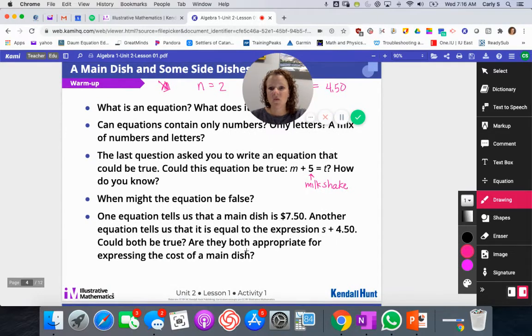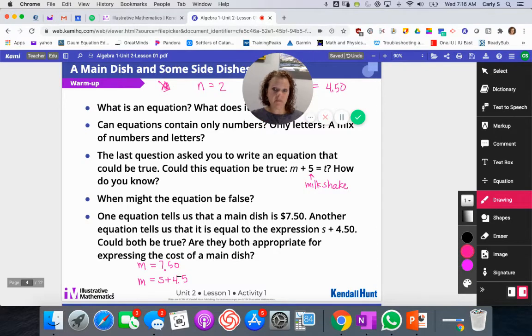All right, so one equation tells us that a main dish is $7.50. Another equation tells us that it's equal to the expression S plus $4.50.